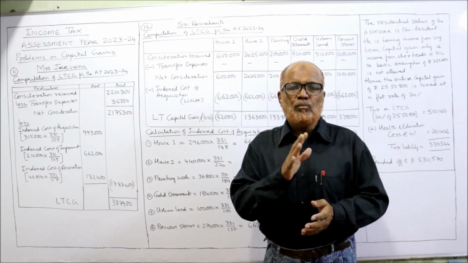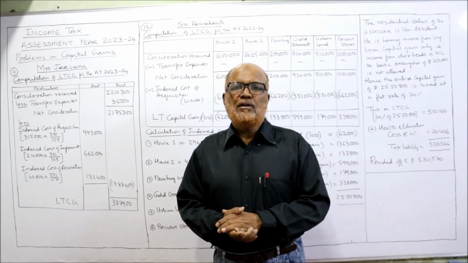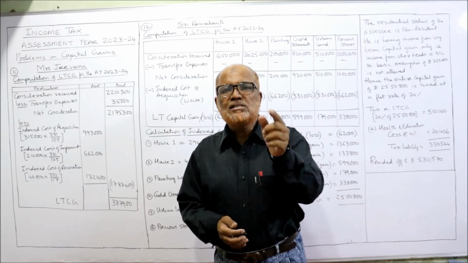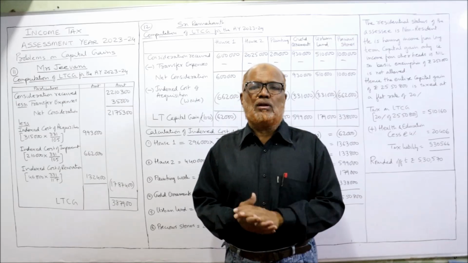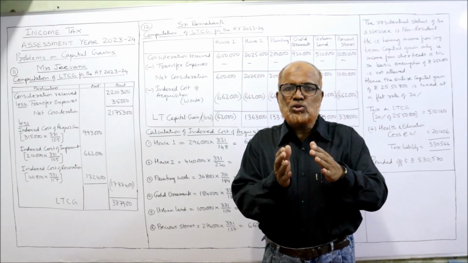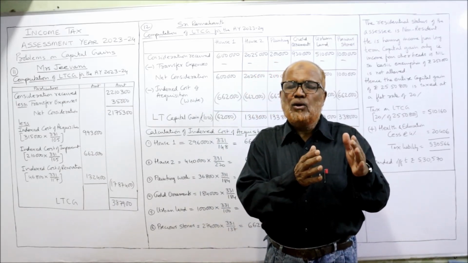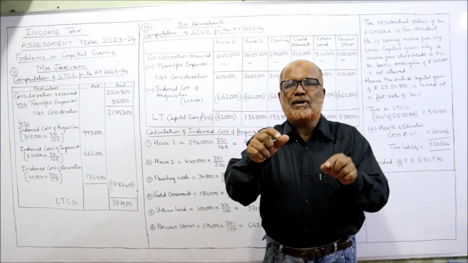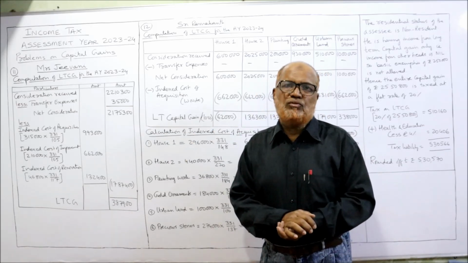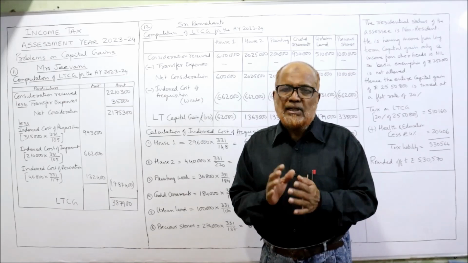Whenever there is a special mode of transfer like a gift, the cost of acquisition is the cost to the previous owner. So whatever is the cost to the previous owner, Sri Kiran, will be taken as the cost of acquisition of Srimati Jeevani. Right?